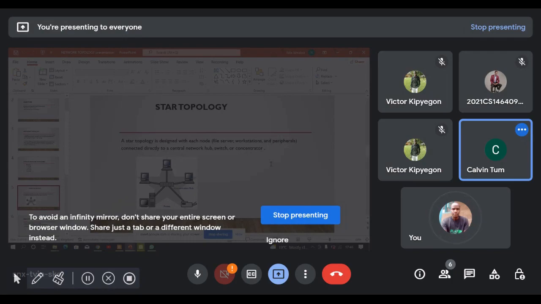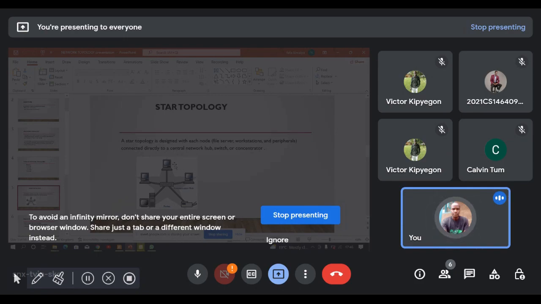Yeah. From this diagram below, you can see we have the star topology, and we have the central part, which is the concentrator or the hub, which is connected to the nodes. It can be the file server, workstation, or the peripheral devices.